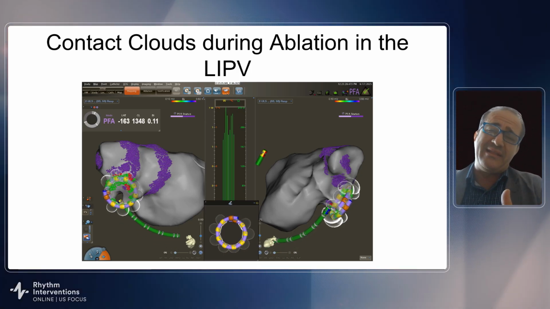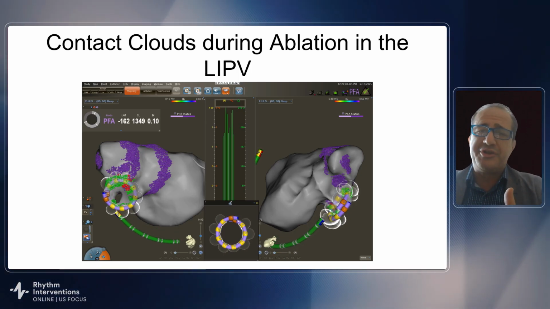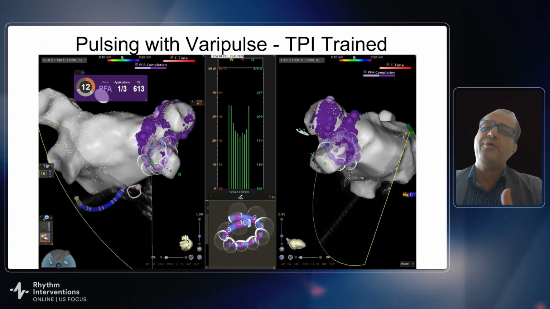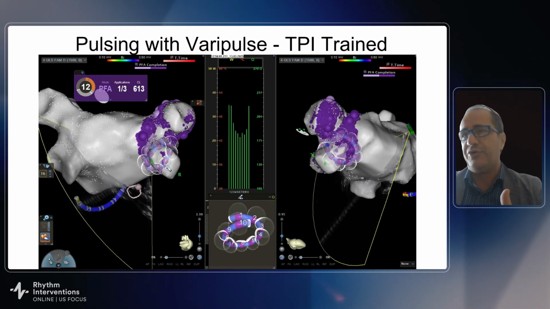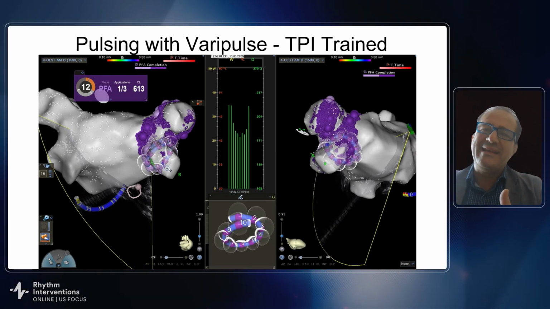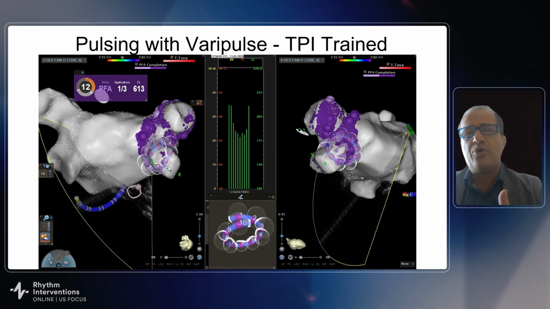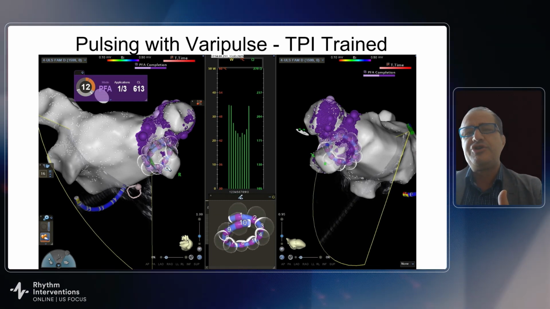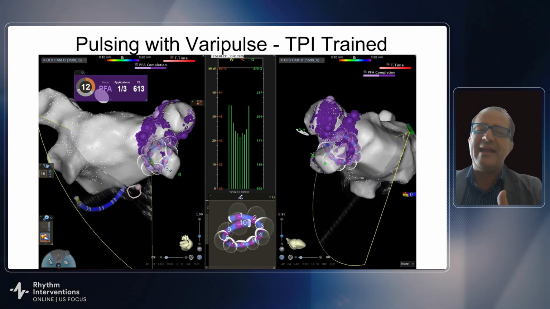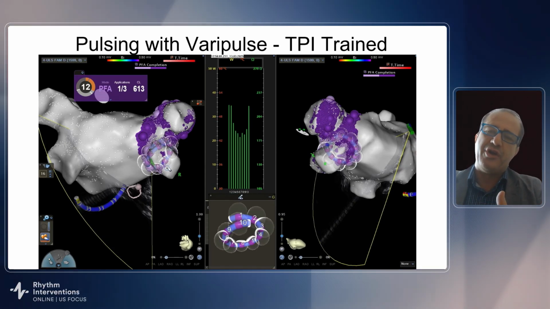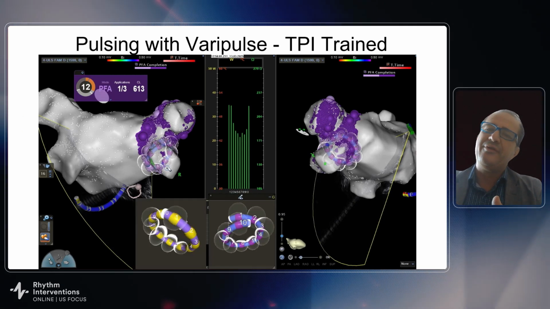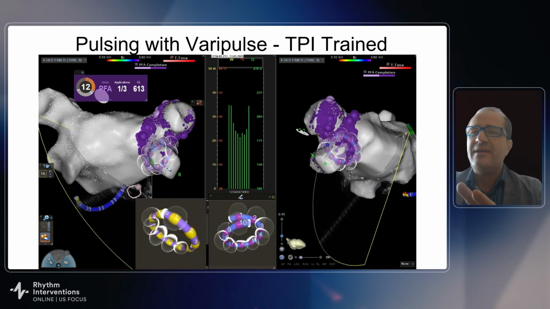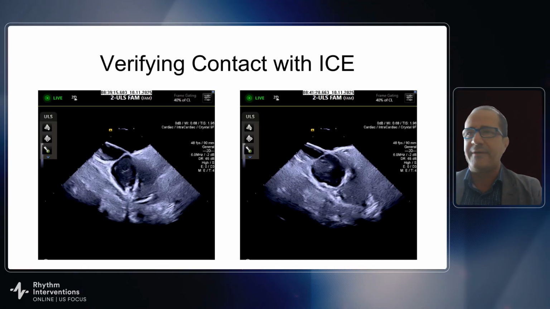If you don't like TPI or you want to double check, then you can also use ultrasound if that is what you prefer. But I think this bar here will give you a good idea. And I always like to have windows here showing me if the electrodes are touching or not, by tilting the view and not having it playing in different angles, so that I can see what's going on with the catheter.